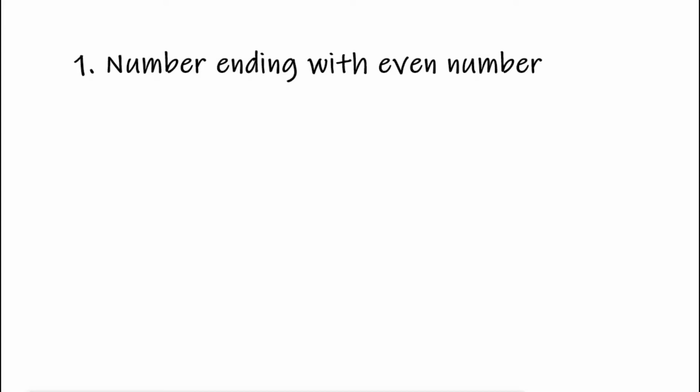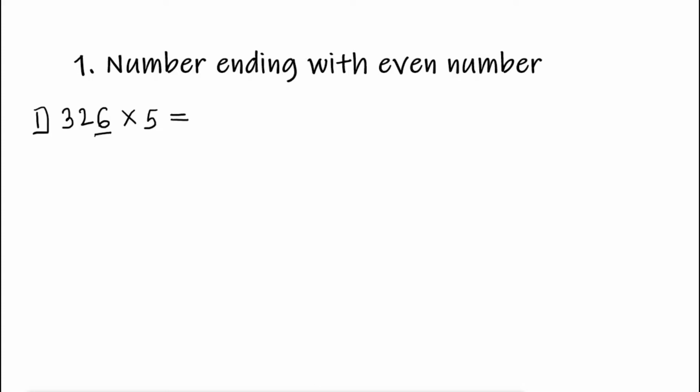Let's take one example. The first example is 326 multiplied by 5. The last digit of 326 is 6, which is an even number. What is meant by an even number?